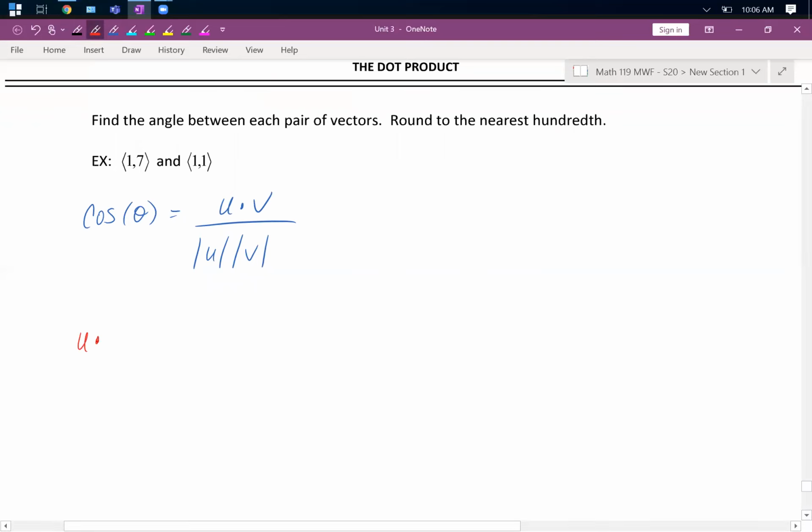So starting with u dot v, 1 times 1 plus 7 times 1, that's going to be 8. The magnitude of u, this is where we're using the square root of a squared plus b squared. So I guess I just got to name them.